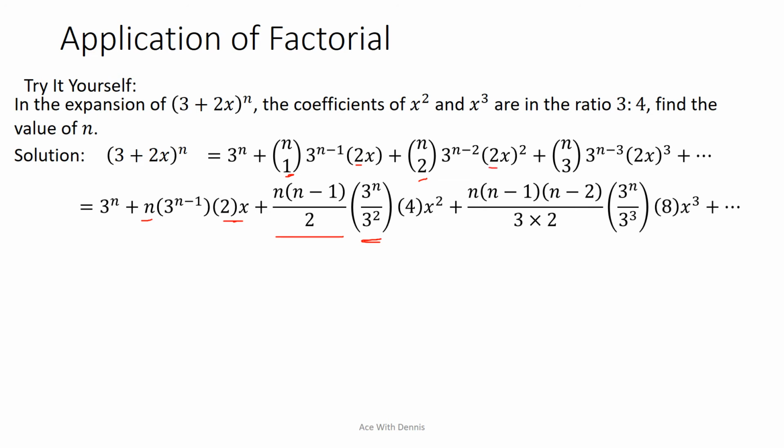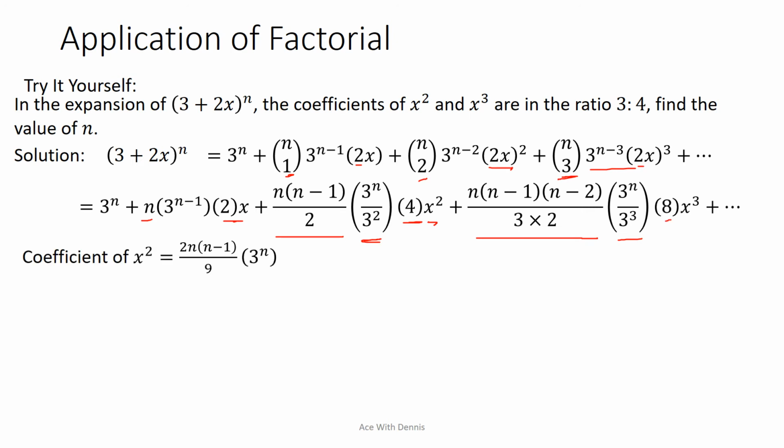So this (2x)^2 becomes 4x squared, because 2 squared becomes 4. And then n choose 3 will be n times (n minus 1) times (n minus 2) over 3 times 2. 3^(n-3) becomes 3^n over 3 cubed. So here 2 cubed will be 8 and becomes 8x cubed.